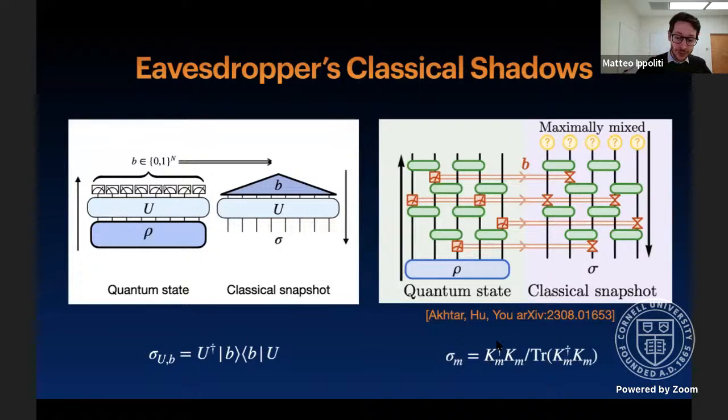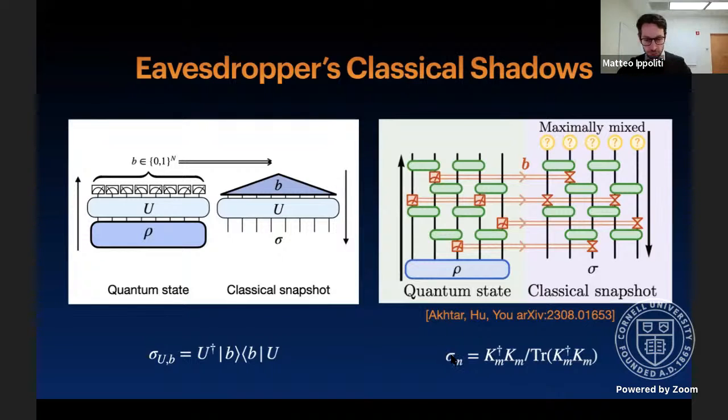If you do that, you get the backward evolution K-dagger acting on the identity, and then by conjugation K on the other side. So simply you get K-dagger K, and then you have to normalize by the trace to get a state. This is our snapshot for each measurement sequence M.